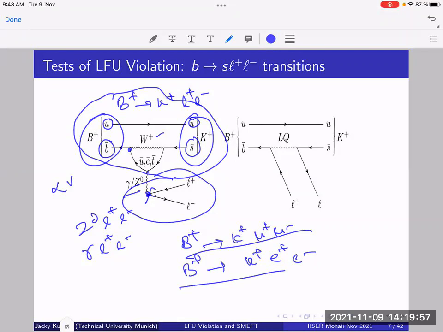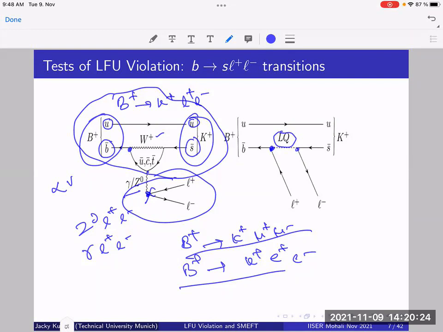So similarly, there could be more new physics particles which could also mediate the same process. For example, you can have leptoquarks. These are objects which couple simultaneously to leptons and quarks. So for example, you can have this vertex b goes to l mediated by this heavy leptoquark, and this also gives rise to B plus to K plus.